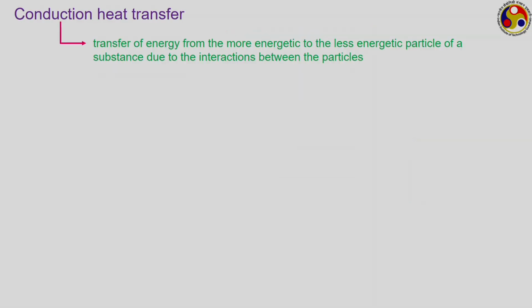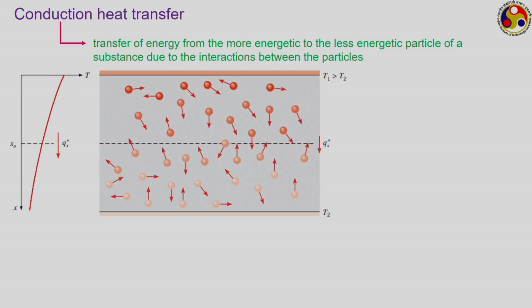Conduction heat transfer refers to the transfer of energy from more energetic to less energetic particles of a substance due to the interaction between the particles, just like the example shown here. Suppose we talk about a system of gases where one side of the system is kept at a temperature T1 and the other side at temperature T2, and T1 is higher than T2.